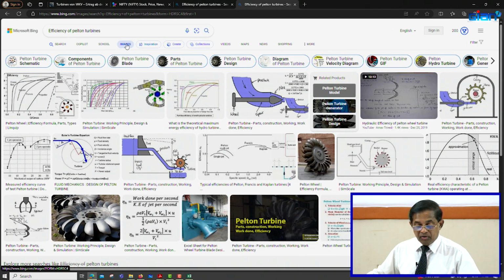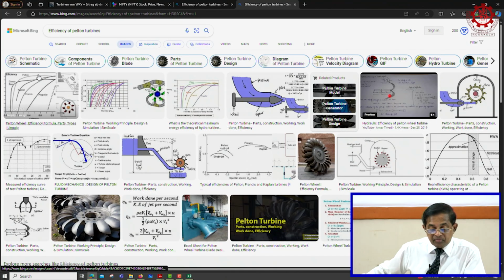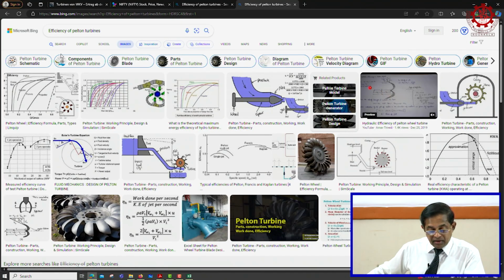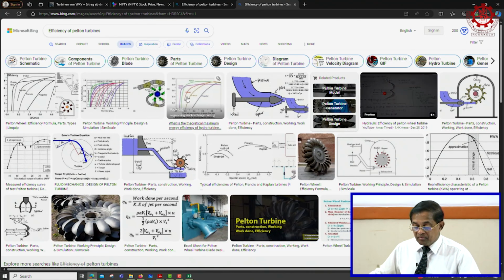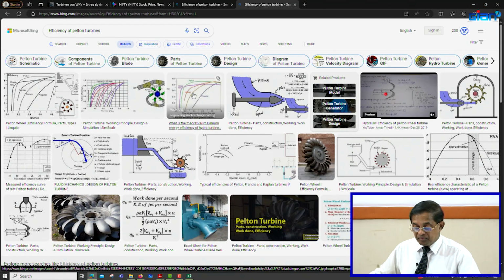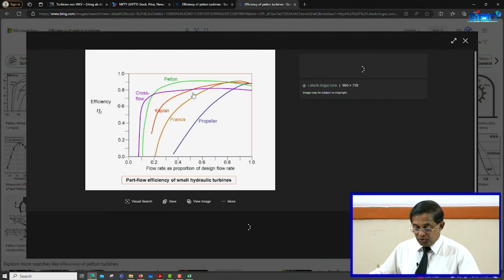I went there, and you can see that there are some graphs here. You can get one from a reputed manufacturer. I will take a typical one and use it.